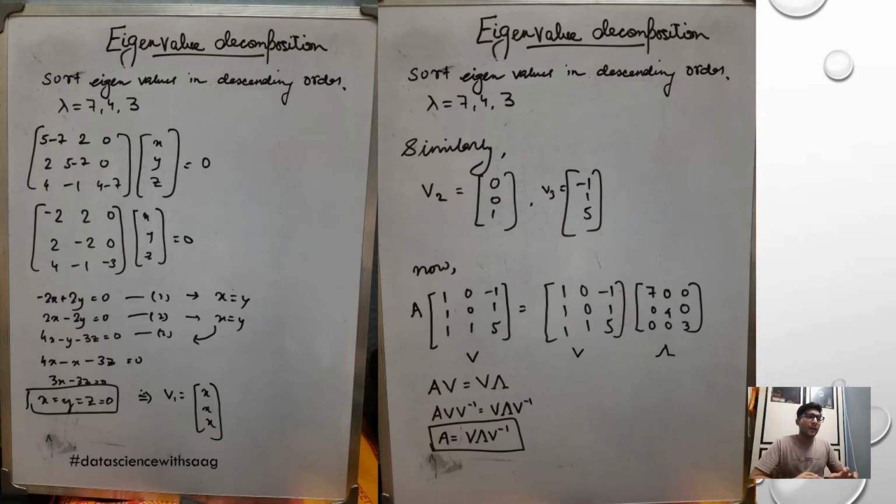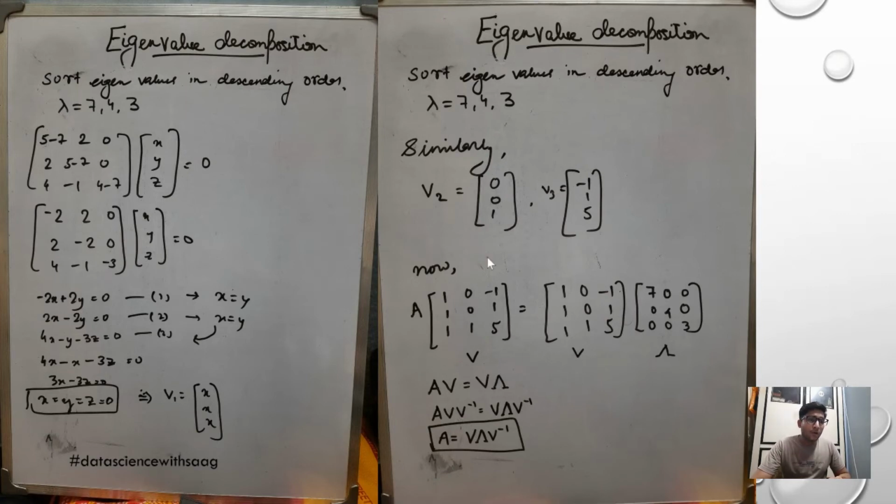Now we sort the eigenvalues in descending order. Now it would be 7, 4, and 3. We compute the eigenvectors corresponding to each eigenvalue. Here we would have three eigenvectors corresponding to the three eigenvalues, which would be 1, 1, 1, 0, 0, 1, and minus 1, 1, 5. These are the three vectors.